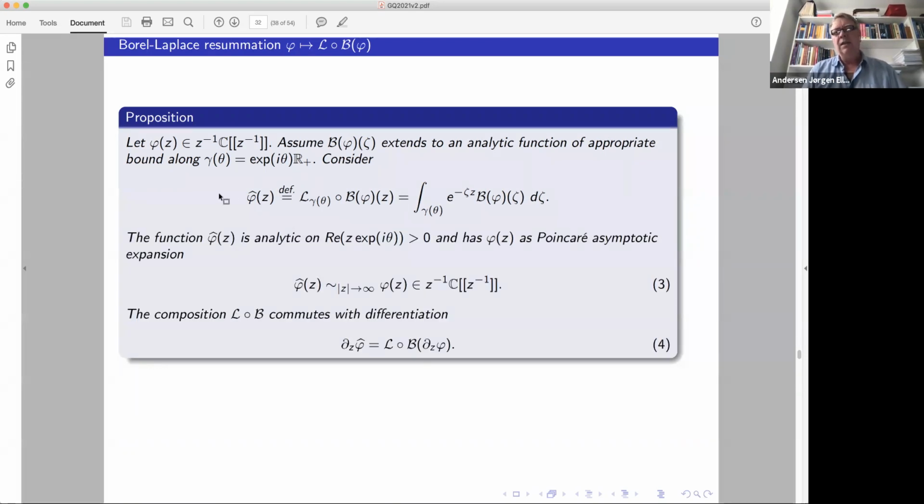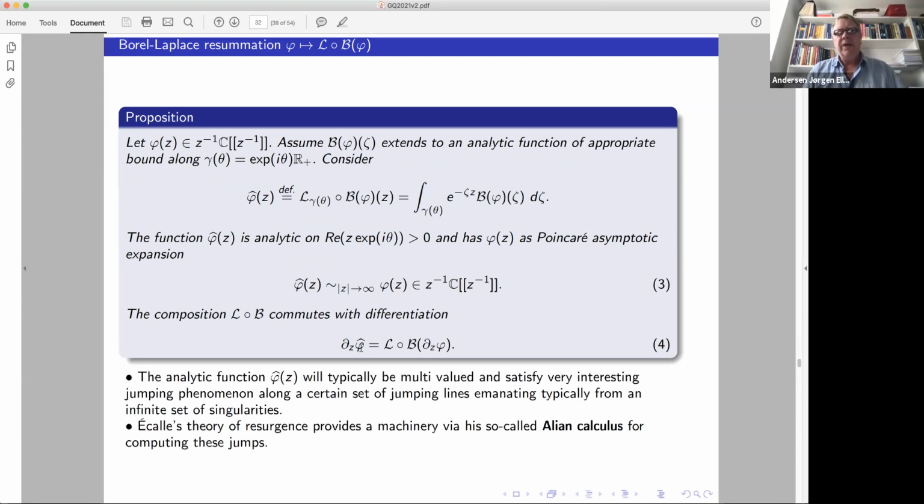And very nicely, this function will be analytic in some half plane specified like this. Moreover, its Poincaré asymptotics, when you expand at z going to infinity, will be exactly your series here. So in this case, I'm expanding around infinity instead of 0. And this composition behaves very nicely with respect to derivatives.